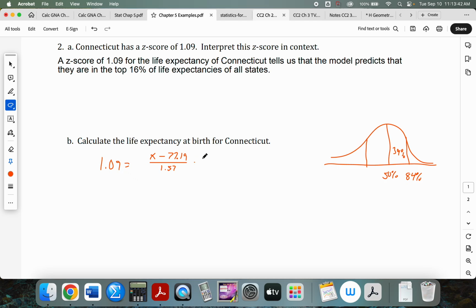So we'd multiply both sides by 1.57. That gives 1.71113. And then we're going to add 77.19 to that. 78.9. So that's their life expectancy.